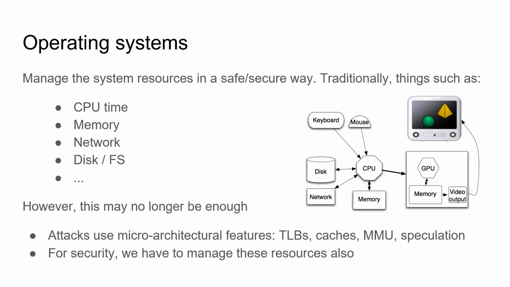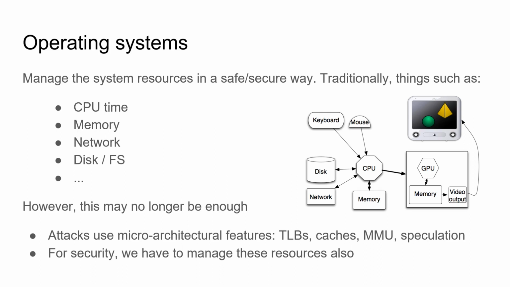As a programmer, you may be aware of the architectural features of a system, the registers and maybe the instructions that are available. But there are a lot of other features that you don't necessarily have direct access to, micro-architectural features.